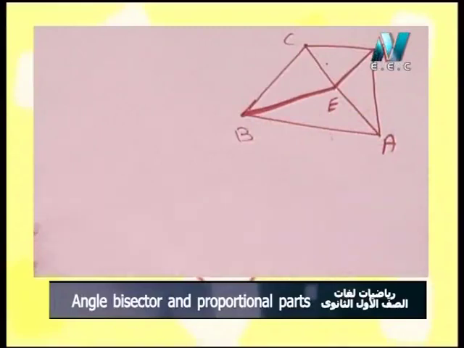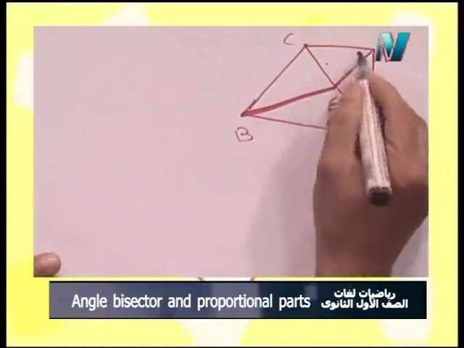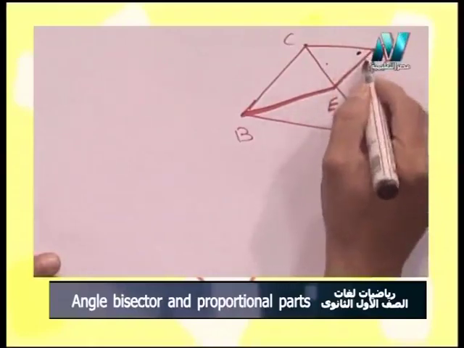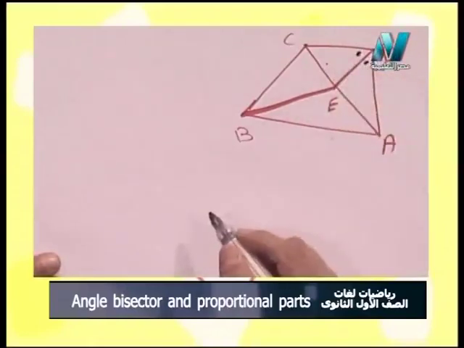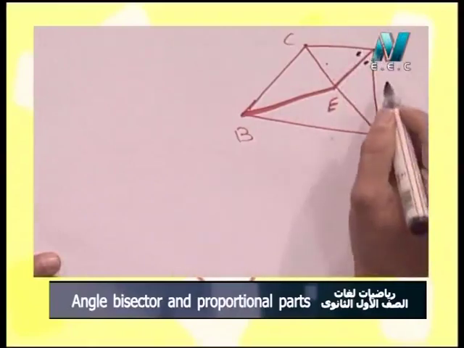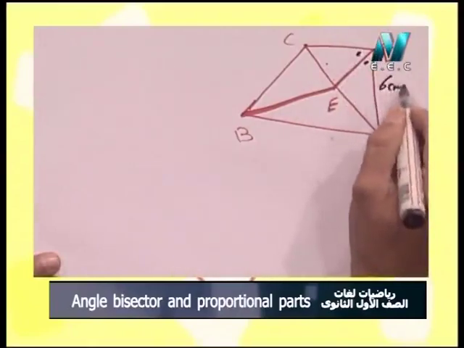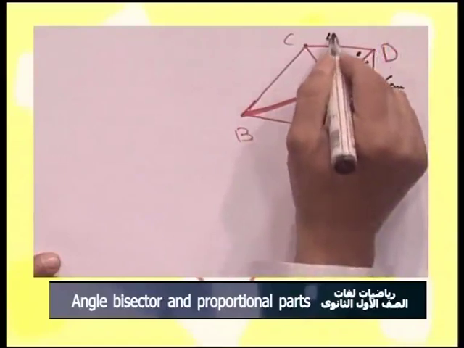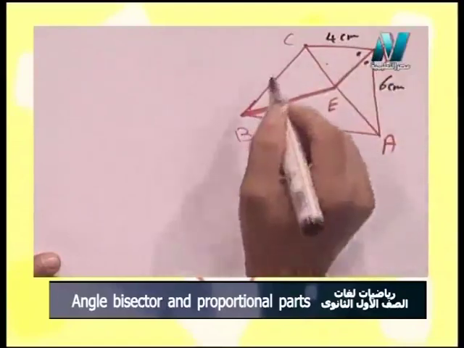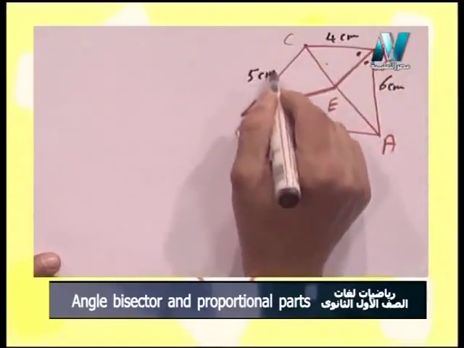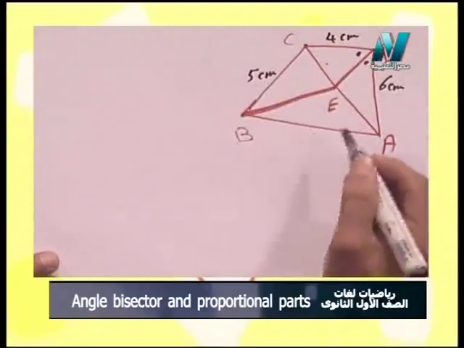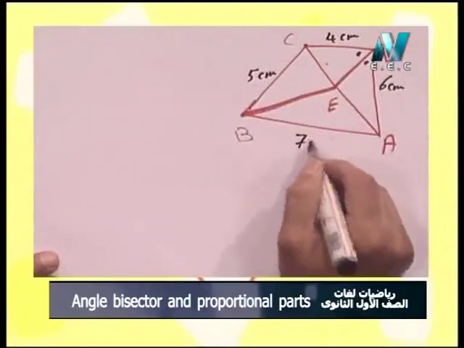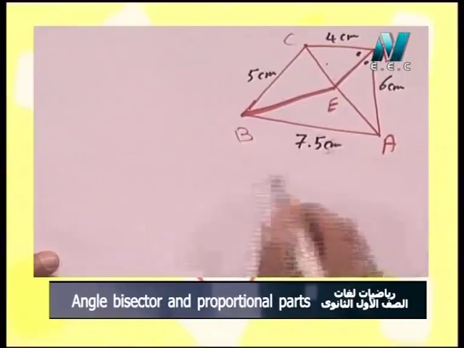We have a bisector in the triangle CDA, which is DE bisecting the angle D, and we have DA equals 6 centimeters, DC equals 4 centimeters, CB equals 5 centimeters, and AB equals 7.5 centimeters.